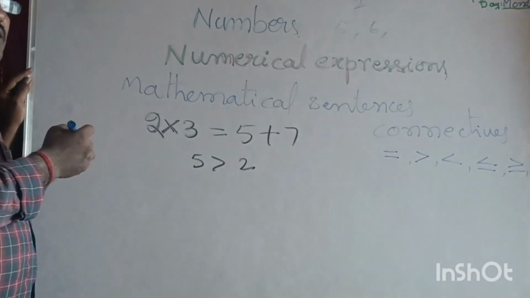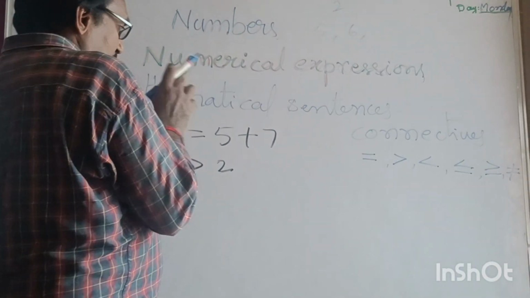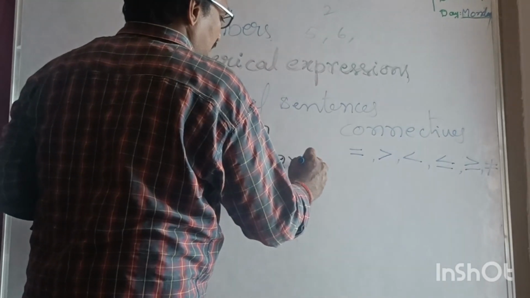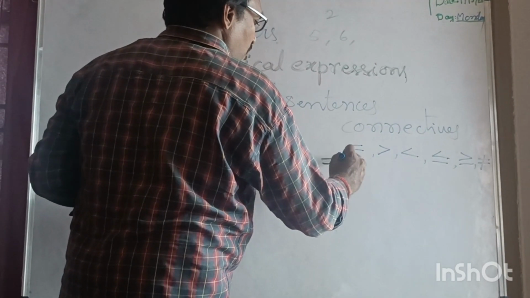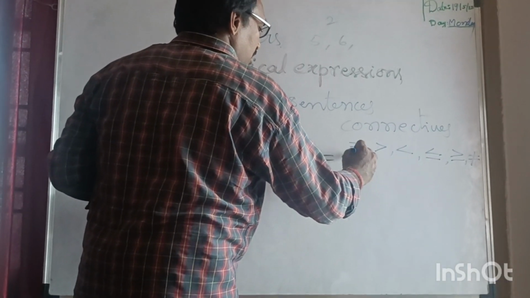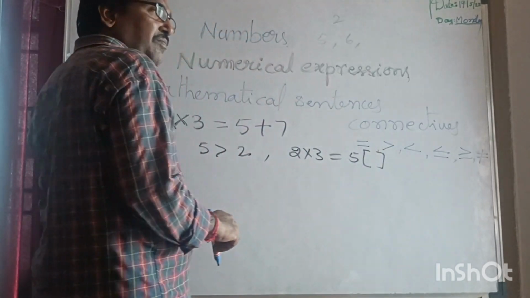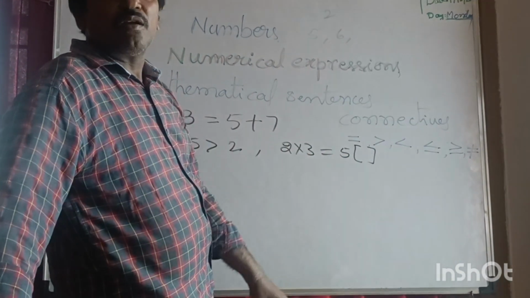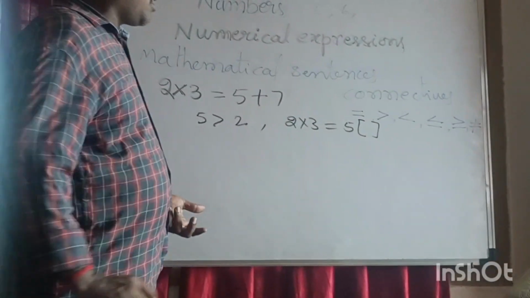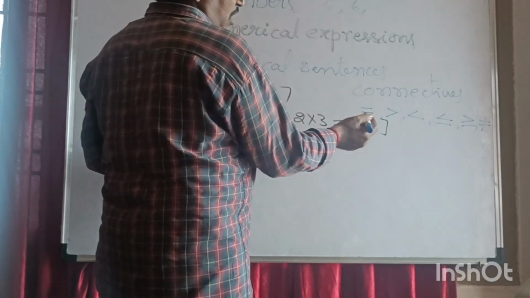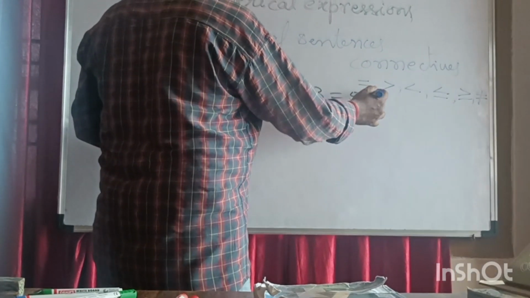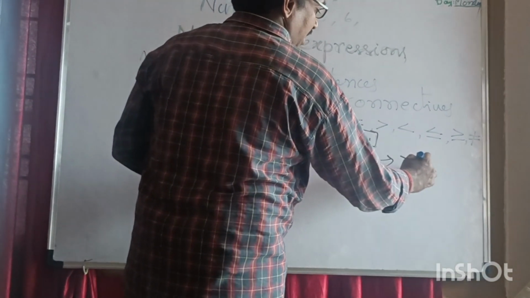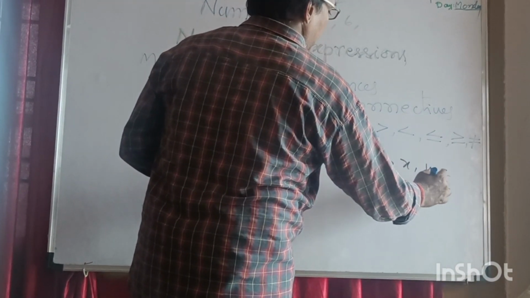Sometimes we may not say. For example, 2 into 3 is equal to 5 into something given in a box, or we say unknown. Instead of a box, they use unknowns like variables x, y, z or a, b, c, d.